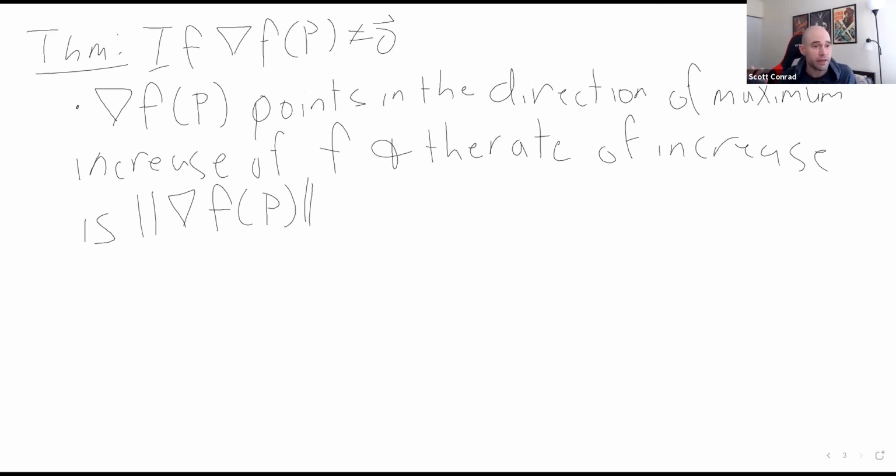So the gradient tells us two things. It tells us the direction to go to maximize the increase of your function. And it also tells us the rate of that increase, in other words, a directional derivative when you go in that direction. And it's just the magnitude of the gradient.